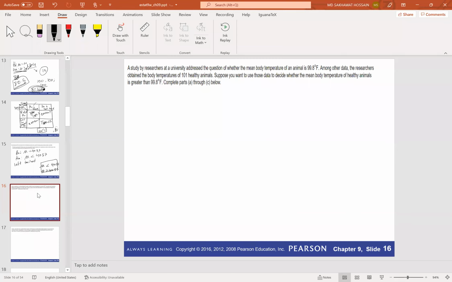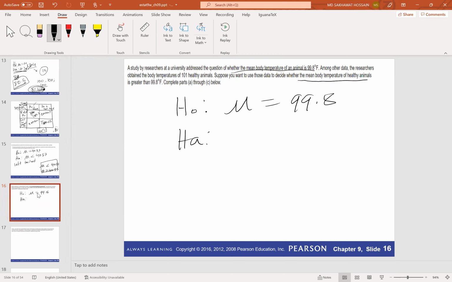So here the null hypothesis is that the mean body temperature is 99.8. And the alternative is that the mean body temperature of healthy animals is greater than 99.8, so the alternative is mu greater than 99.8. That means this is a right-tailed test.